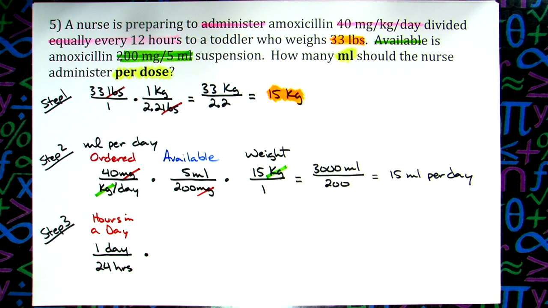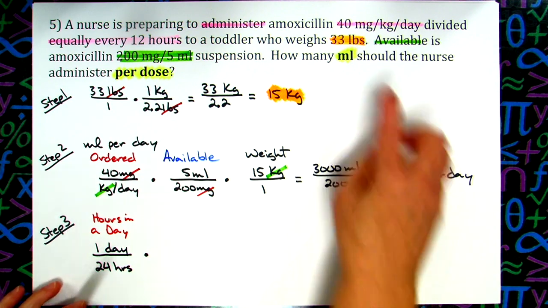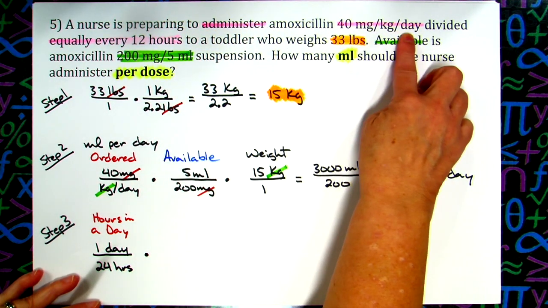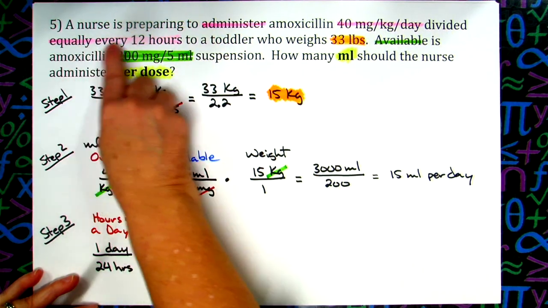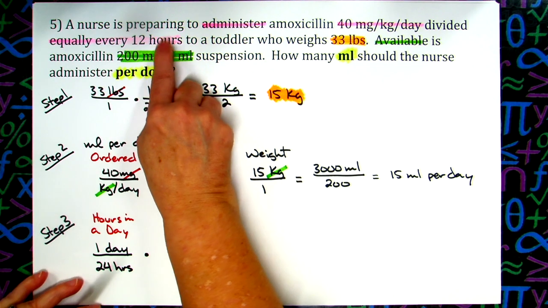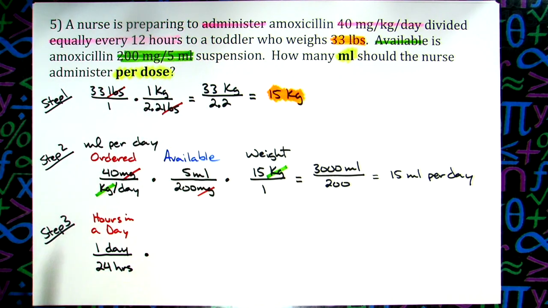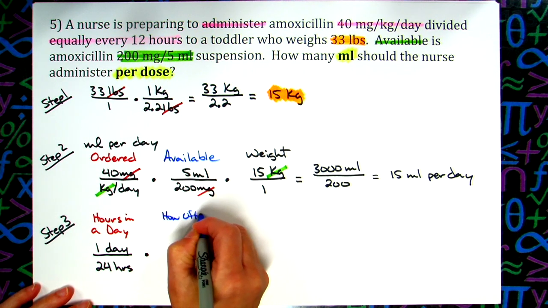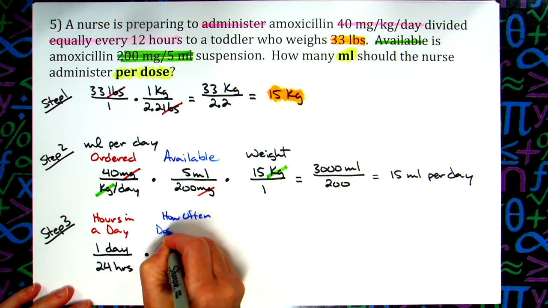Okay, now I'm going to multiply by how often the dose is given. All right, so up here at the beginning, we're supposed to administer 40 milligrams per kilogram per day, divided equally every 12 hours. All right, so one dose is being given every 12 hours. So here I'm going to say how often dose is given.